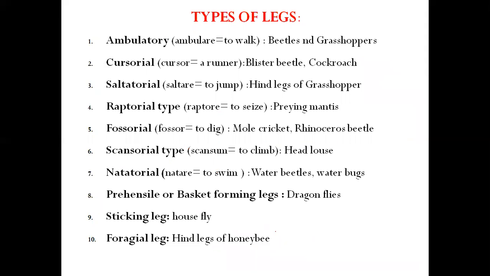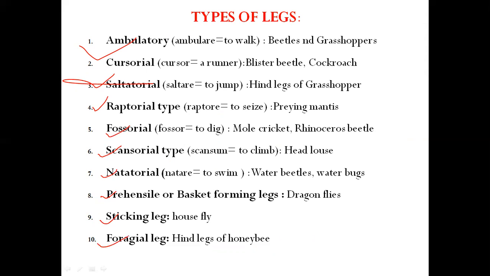Similarly, insect legs are very important for locomotion, and there are different types, commonly called ambulatory, cursorial, saltatorial, raptorial, fossorial, scansorial, natatorial, prehensile, sticking and pharyngeal legs.